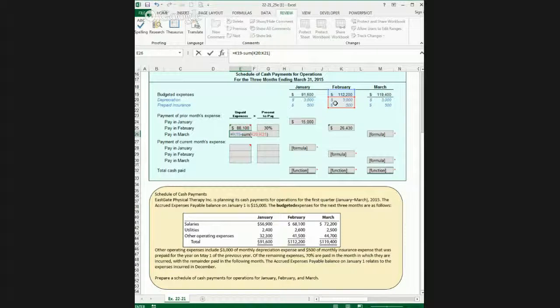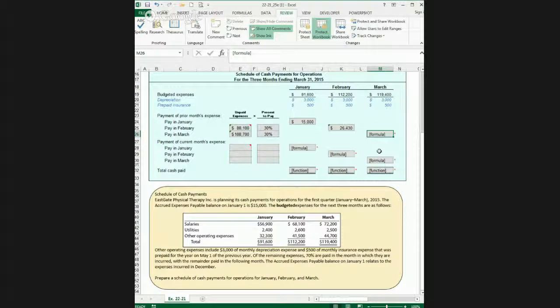Push enter, and you have the total cash expenses for February of $108,700, and the appropriate percent that will be paid in March would be 30%.